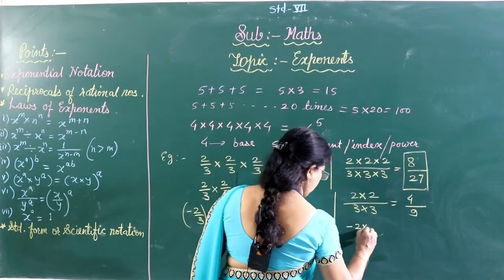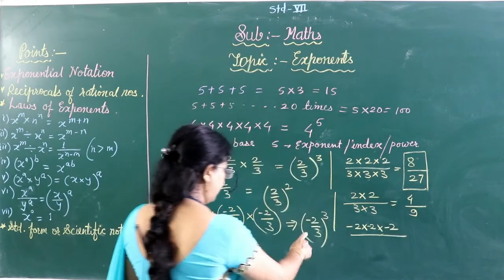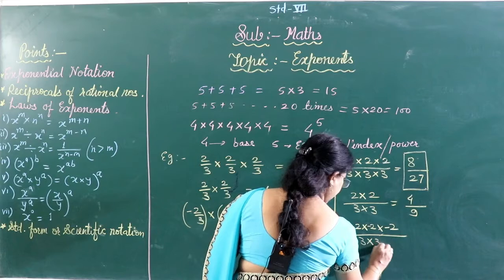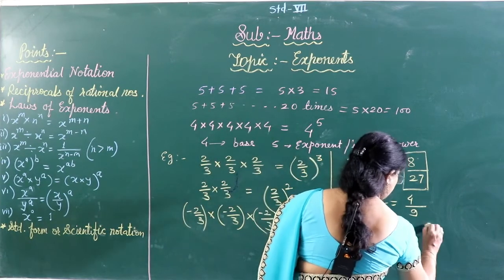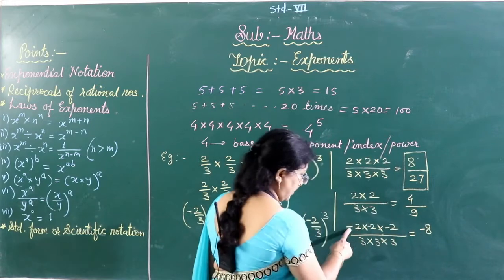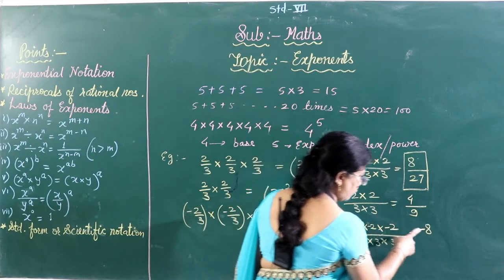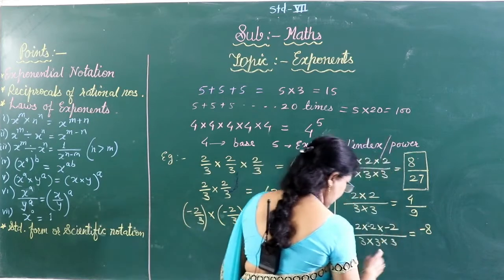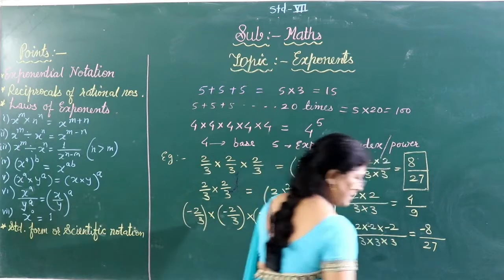Minus 2 into minus 2 into minus 2 upon 3 into 3 into 3. So you will get 8 upon 27, but see, negative into negative becomes positive and one more negative is left, so your answer will be negative, and in the denominator you get 27. 3 threes are 9, 9 threes are 27, right?